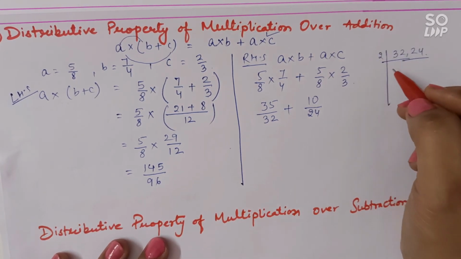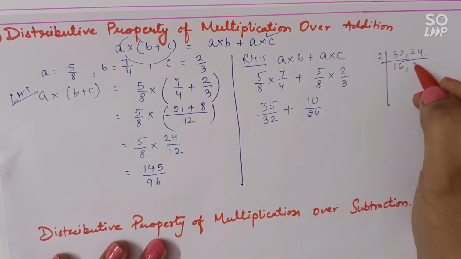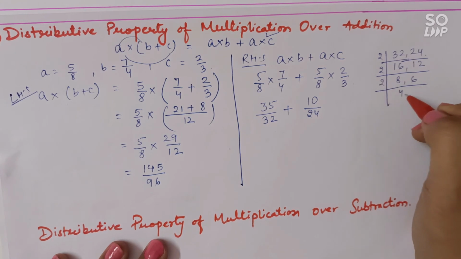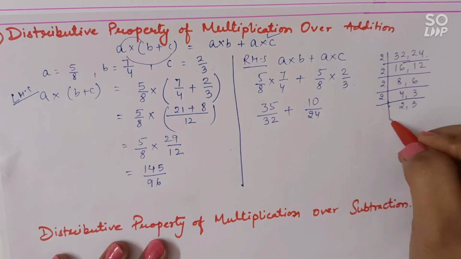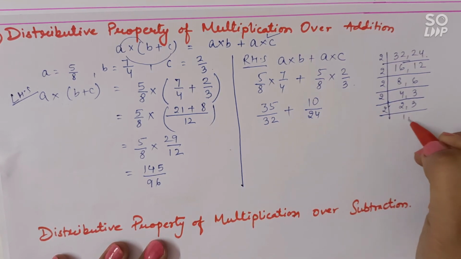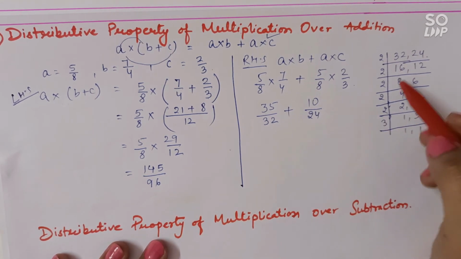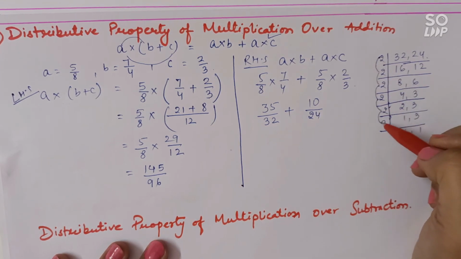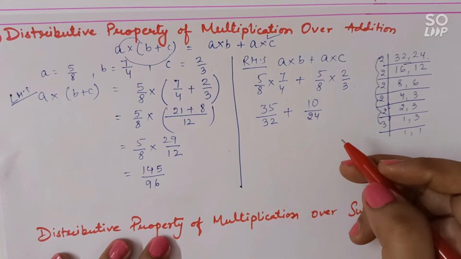So let's do it for 2 with 2. 2 1s are 2, 2 2s are 4, 4 2s are 8, 8 2s are 16, 2 16s are 32, and 3 32s are 96.